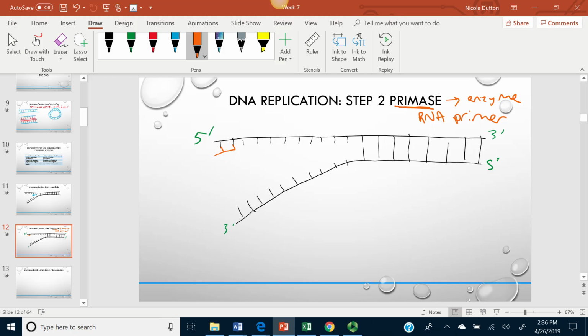Since the strands are running in opposite directions, and helicase is here, traveling in this direction only, on one strand we can lay down a primer at this end, but on the other strand we have to lay it down at this end. And again, that's just because of the directionality that the DNA can be produced in.